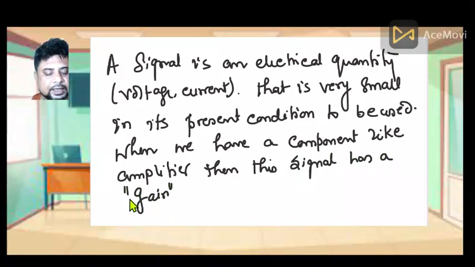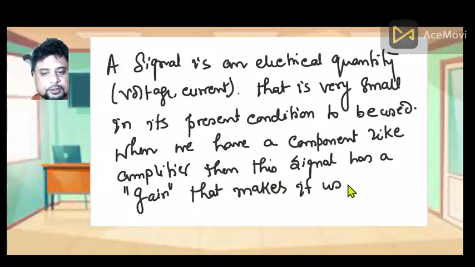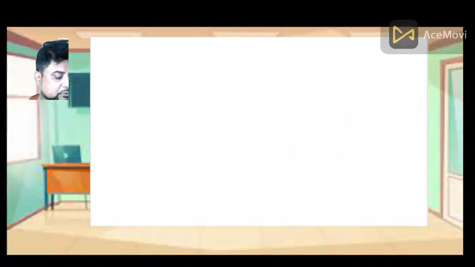Gain means profit. It receives some more value, gain, that makes it usable. Then only you can use it. Otherwise it is not usable.